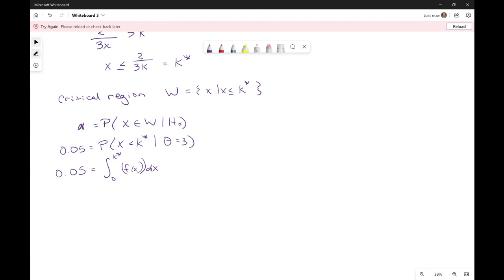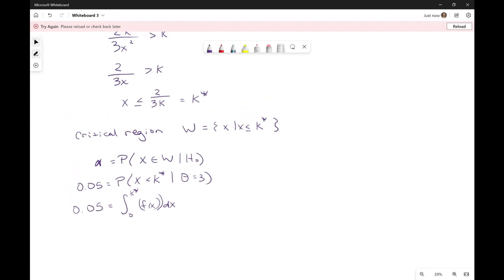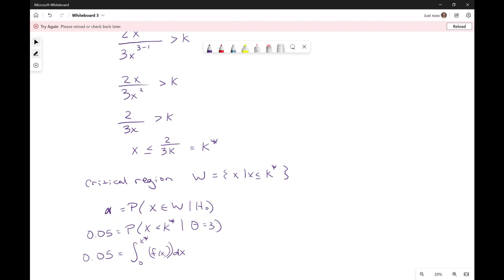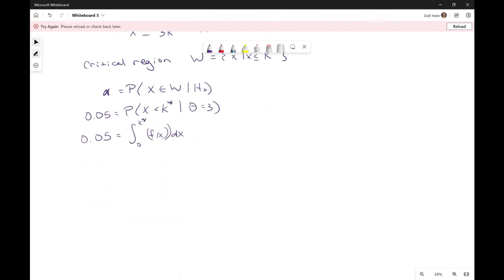Just a minute ago, when we simplified up here, we determined that plugging in theta equals 3 gives us a function of 3x squared. So let's plug that in: the integral from 0 to K star of 3x squared dx.